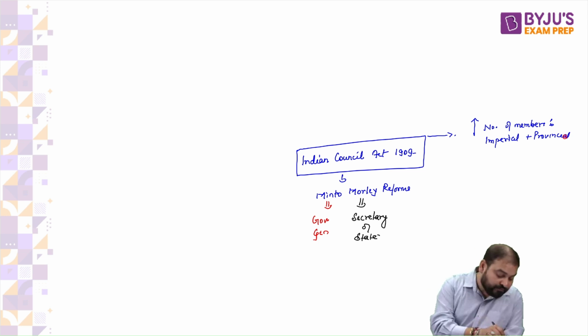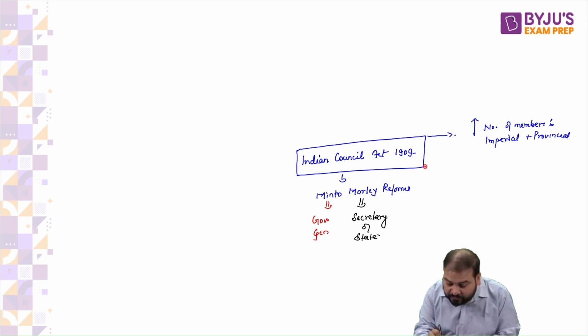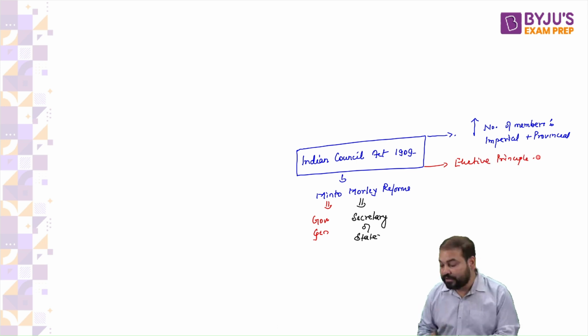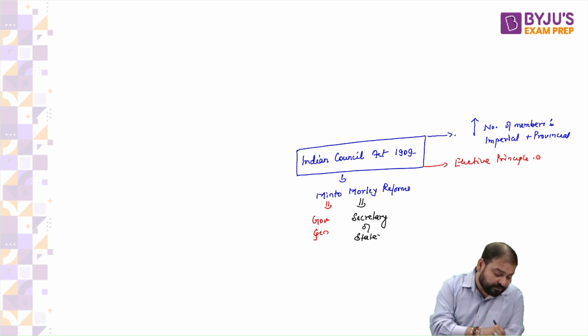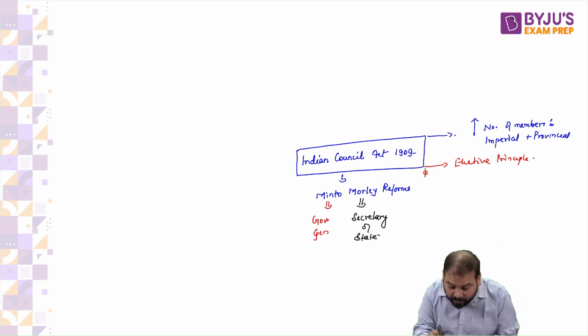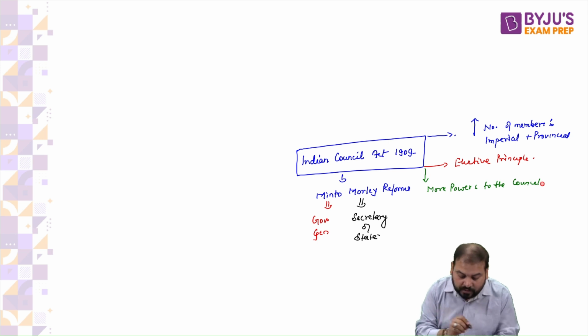Both the places. Number 2, you will see very soon, guys, here, the elective principle that was brought. Number 3, the other demand of moderates was what? More powers to the council.